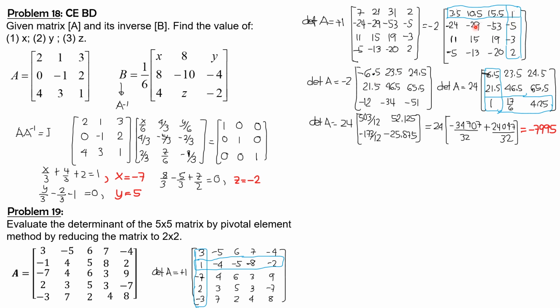Negative 29 minus quantity negative 5 times 10.5, it's like negative 29 plus 5 times 10.5, so 23.5. Negative 53 minus quantity negative 5 times 15.5, that's negative 53 plus 5 times 15.5, so 24.5. So verify these remaining elements.